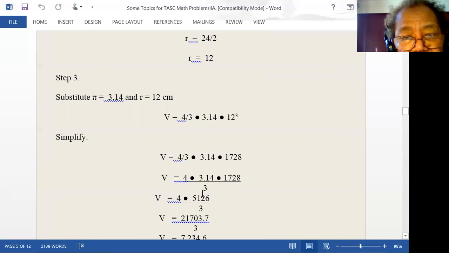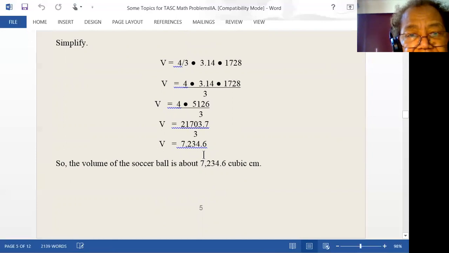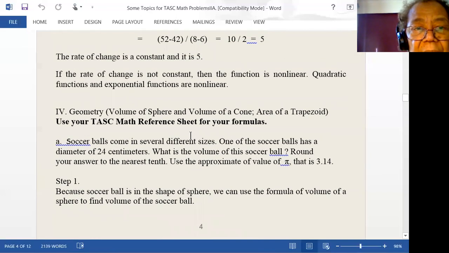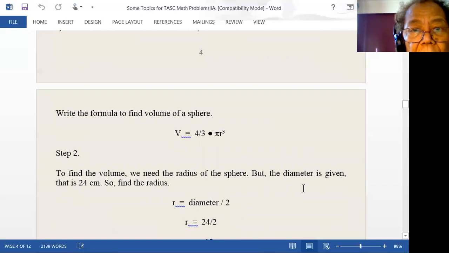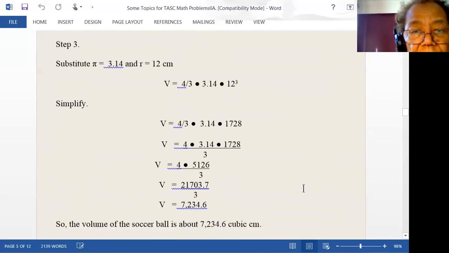Now, 3.14 times 1,728 gives you 5,426. We multiply that by 4, we get 21,703.7, and we divide that by 3, we get 7,234.6. And I think the problem said to round to the 10th.